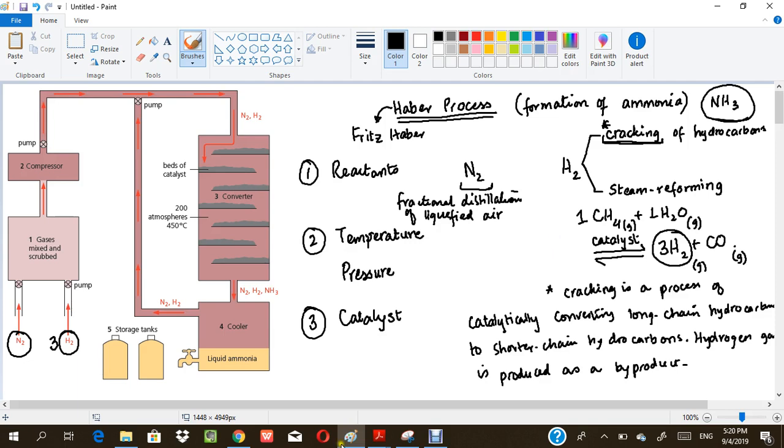Now, if we allow these impure nitrogen and hydrogen gases to move through the system and all the way to this third converting chamber, what would happen is that the converting chamber has beds of catalyst, right? The catalyst that we use is iron, and we use finely divided iron.